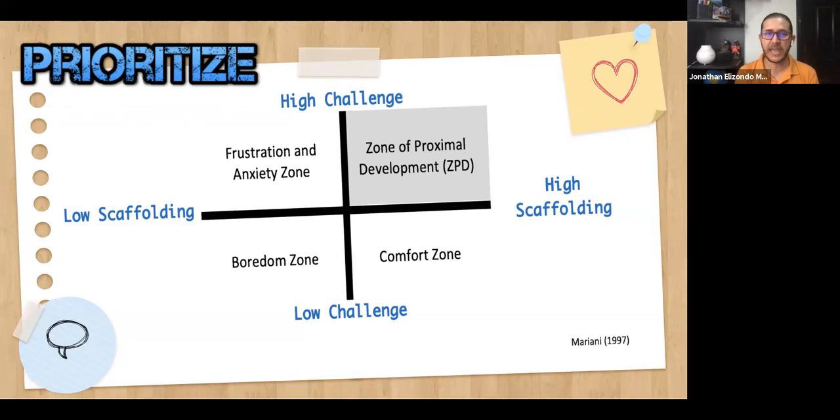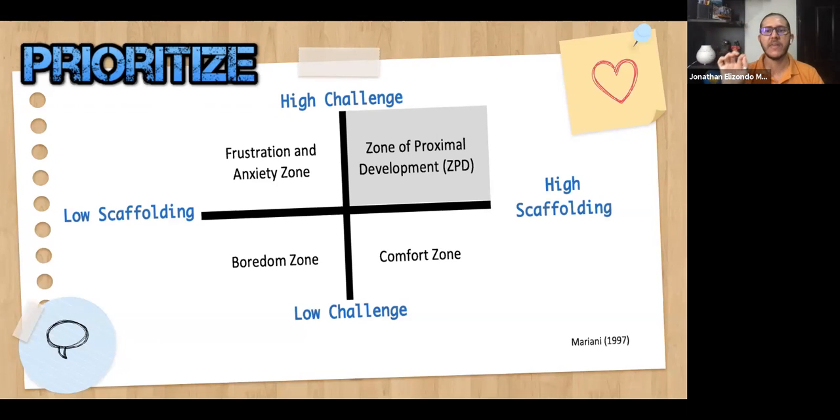If this is asynchronous, I need to give my students more materials: a video, a good text, an article, a chart, an interactive presentation, so they can go and learn, and then carry out the challenge. So I am giving them the scaffolding they need for the challenge, okay? So prioritize and think about that.